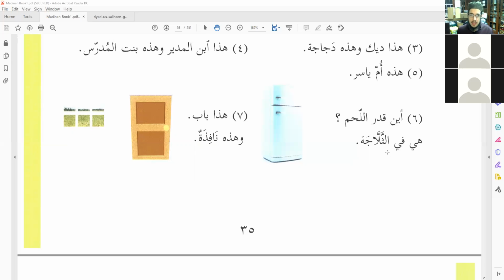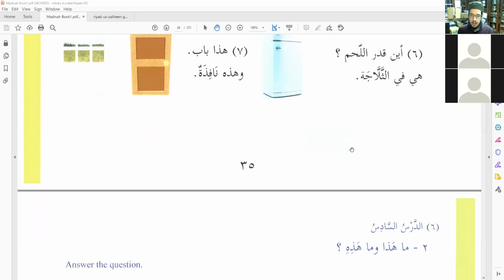The ta marbuta is almost a certain sign that the noun is feminine. And so if it's feminine, then its pronoun will have to be feminine as well, hiya. If the noun is feminine, then the demonstrative pronoun, this, hadhihi, will have to be feminine as well.